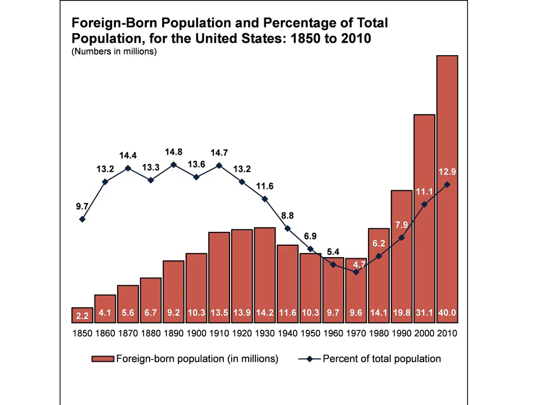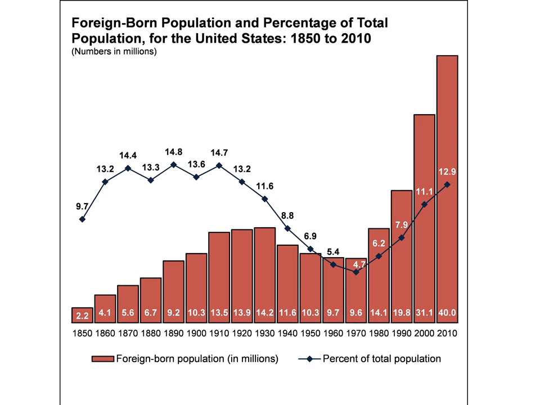This has a line graph as well. The line represents the percent of the total population made up by foreign-born people. Again, in 1850, 9.7% of the people living in the United States were foreign-born. It dipped as low as 4.7% in the 1970s.